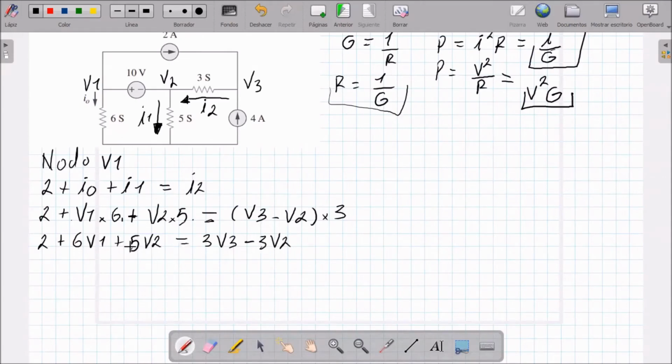I'm going to leave the variables aside, I'm going to leave it here. It would be 6V1 plus 5V2, plus 3V2 on the other side, and this also has 3V3 equal to minus 2.